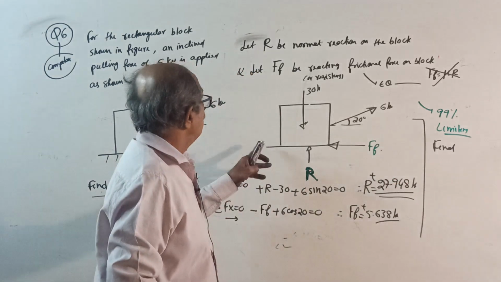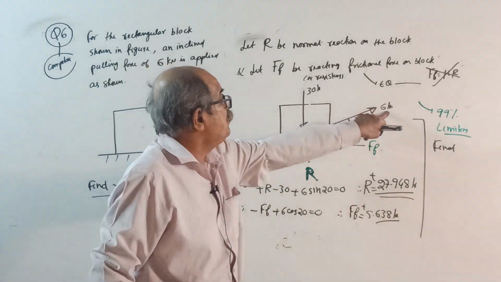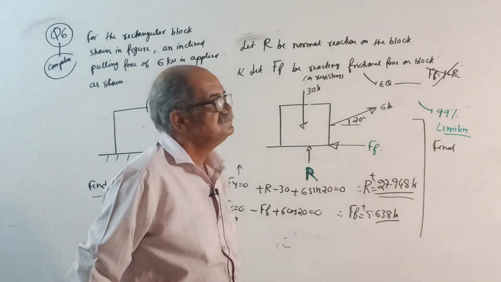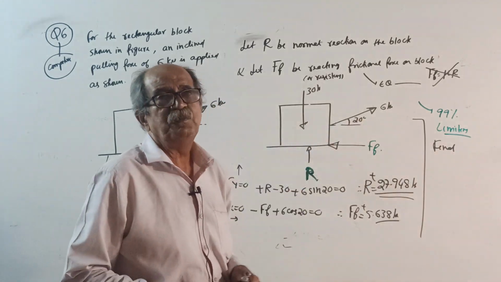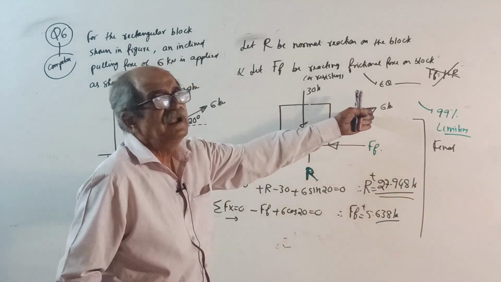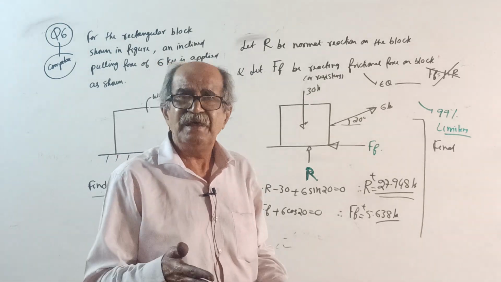Unless it is told, or you can make out. If they give P here, yes, I agree. Suppose the value of P is given, then you cannot find P. Understand that the purpose of P is to move the block, even if it is not given. But here, the randomly applied force is not limiting. It is a random force.